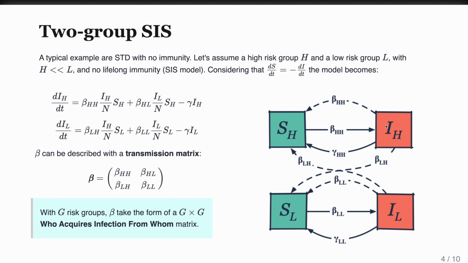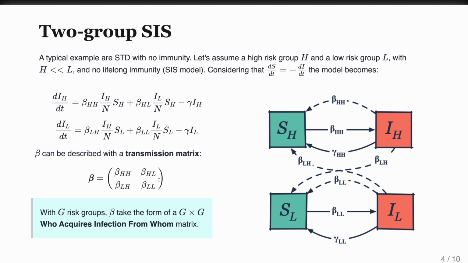But then the infectious people in the high risk group can either infect other susceptibles in the high risk group or infect susceptibles in the low risk group. And the same is true for the infectious people in the low risk group. So we have a sort of cross effect, cross infectious risk.